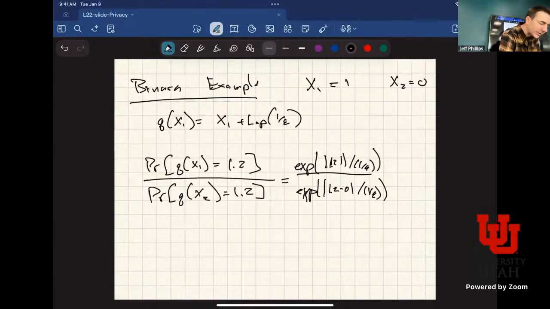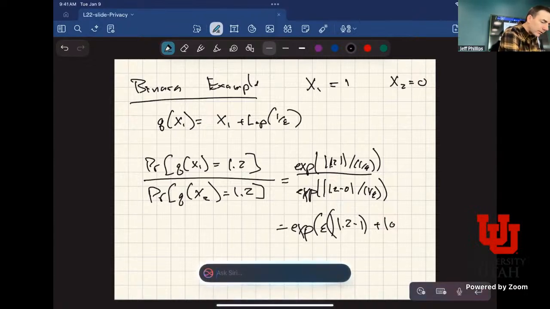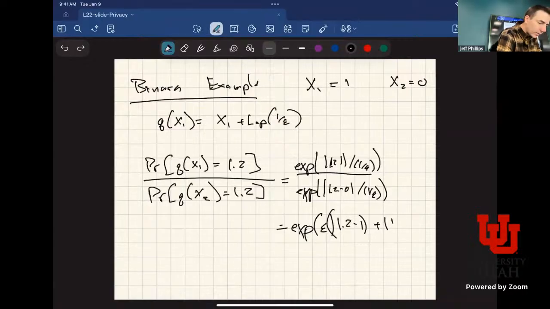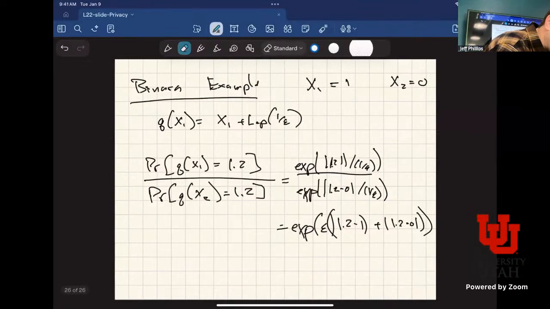And so this will simplify to exp of epsilon times the quantity 1.2 minus 0, minus 1.2 minus 1, because this is the subtraction of these two things.